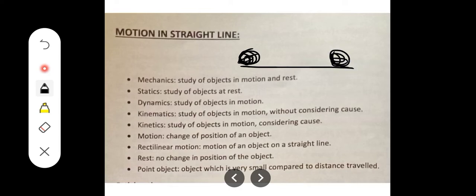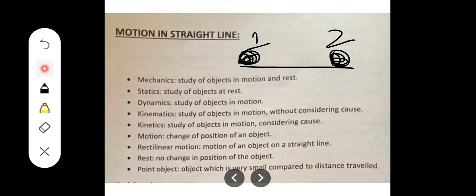I am giving number 1 as the initial position and 2 as the position after some time. That means I can say that object changed its position, right? With certain interval of time, it changes its position. That means I can say it is under motion, or motion is nothing but change in position of an object.